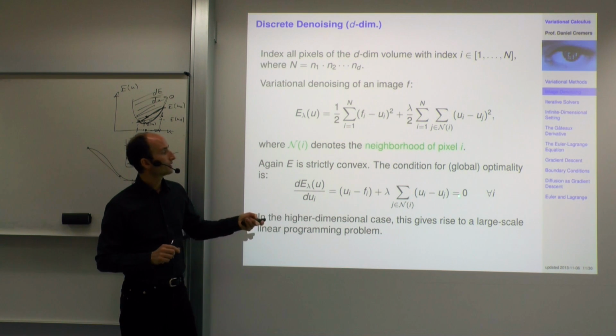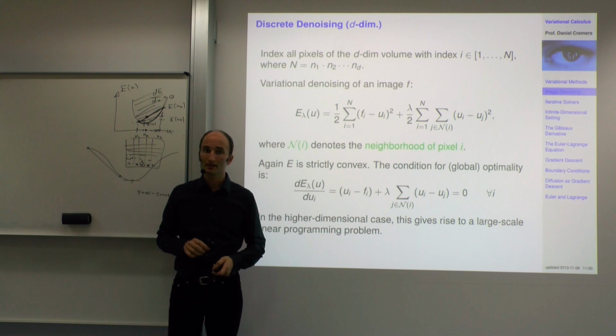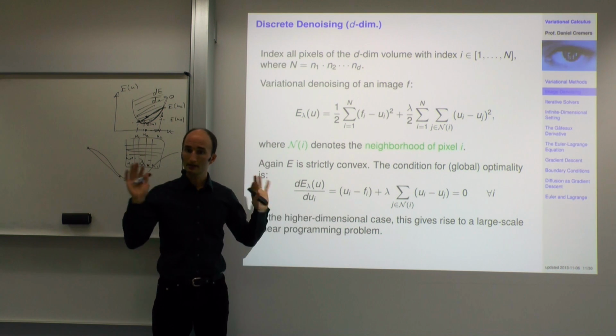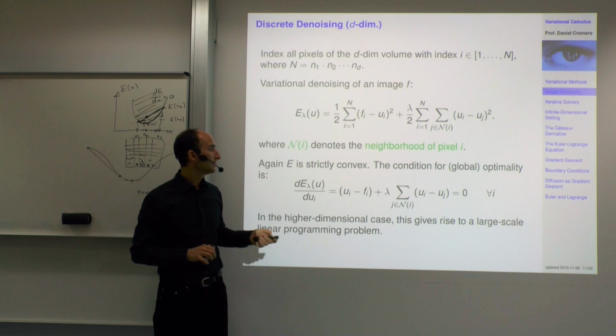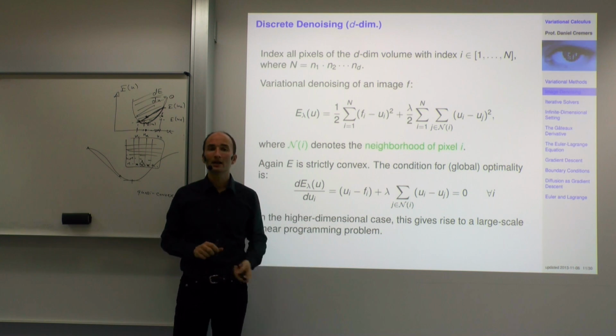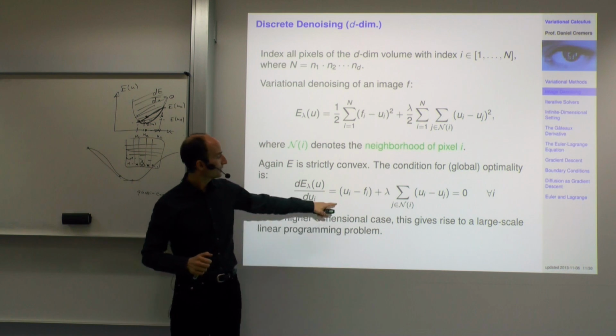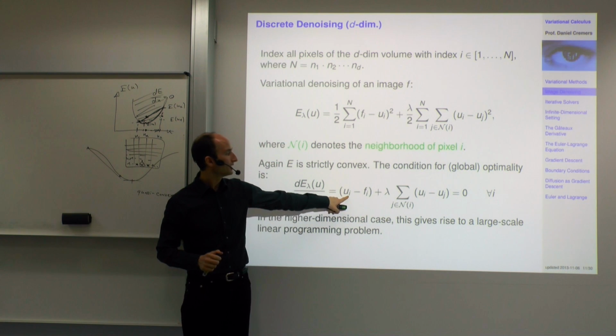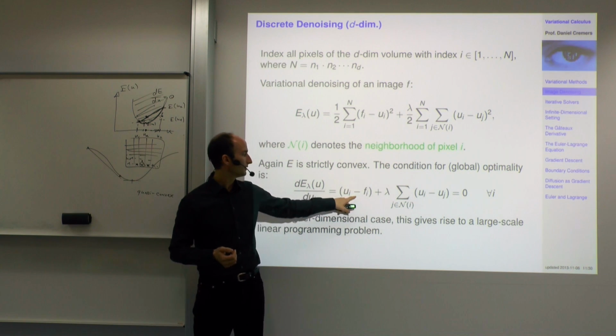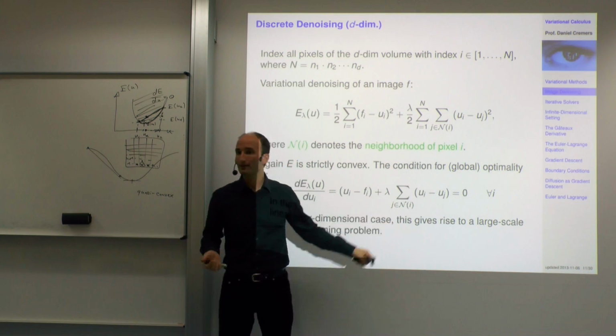You can write that as a matrix equation system. I'm not going to do it. The matrix is very large. And in the general 2D case, it's still sparse as before. Why? Because the pixel u_i appears in equations only with the 4 neighbors, right?